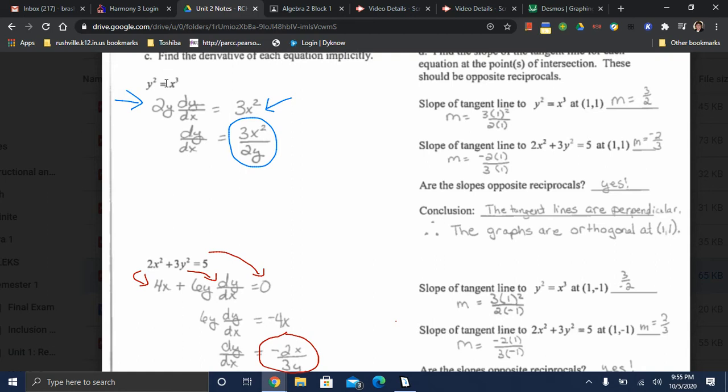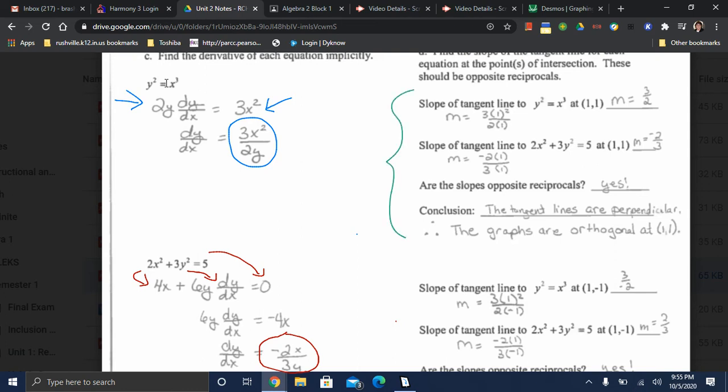So now your job is to compare the slopes. And so that's what part D is. So we're going to look at each point of intersection. So this work and our conclusion is for the ordered pair 1, 1. So we're looking at where the two graphs intersected.